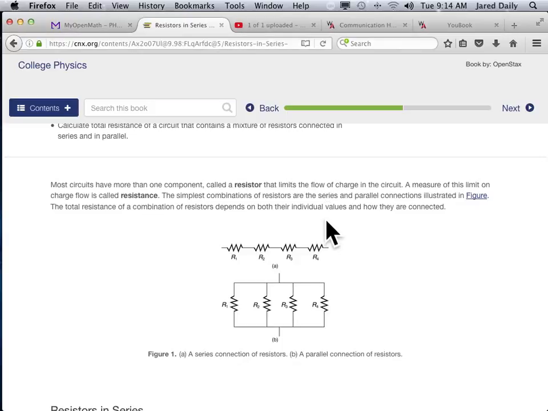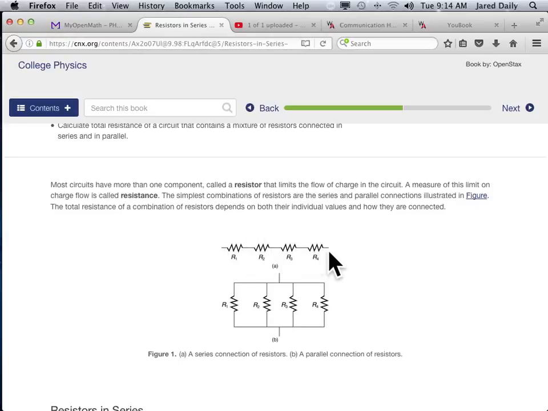And we have lots of different ways that we can connect resistors. The most common way is to connect them in series, one right after the other, 1, 2, 3, 4, where the end of one resistor is connected to the beginning of the next, and so on and so forth. But it's important to know that when you have resistors in series, you can't have any branches off in between anywhere.